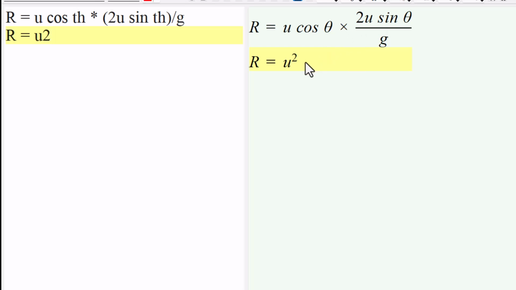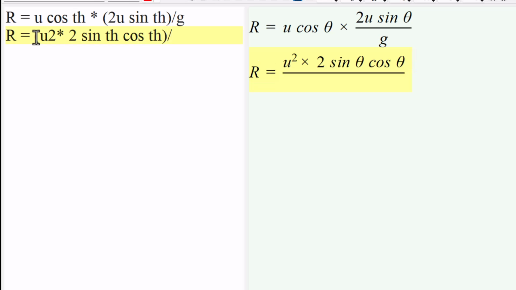That's u square times 2 sine theta cos theta, then divided by g. Yes, so this is it.